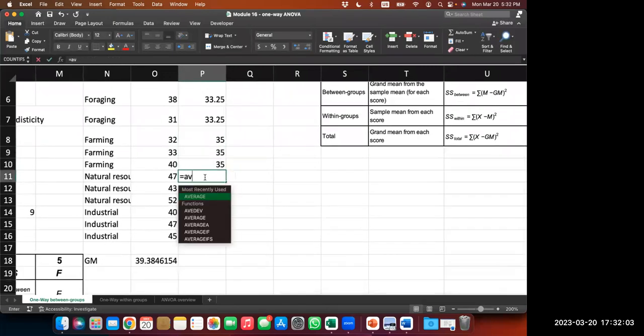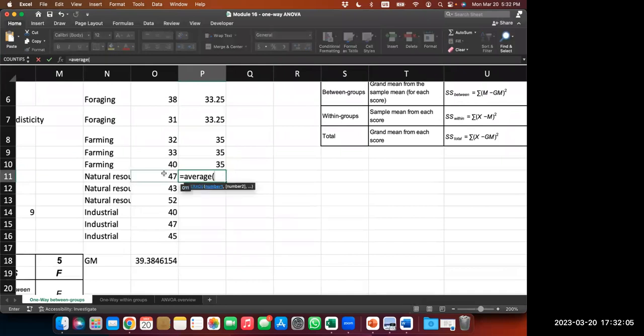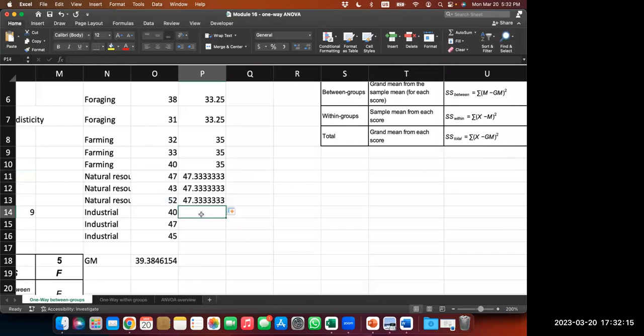Now you do this for natural resources, and that basically gives you the average propagated for those natural resources. Now you basically do this lastly for industrial.